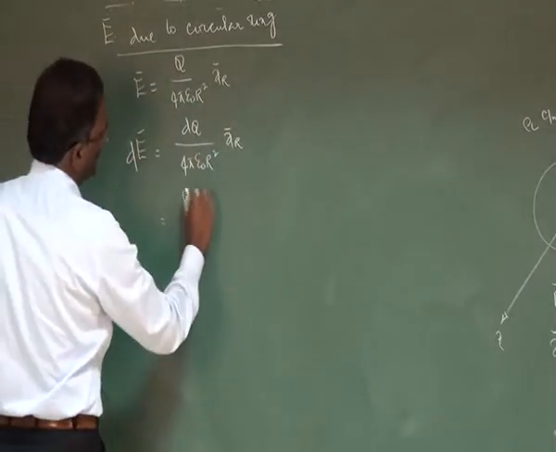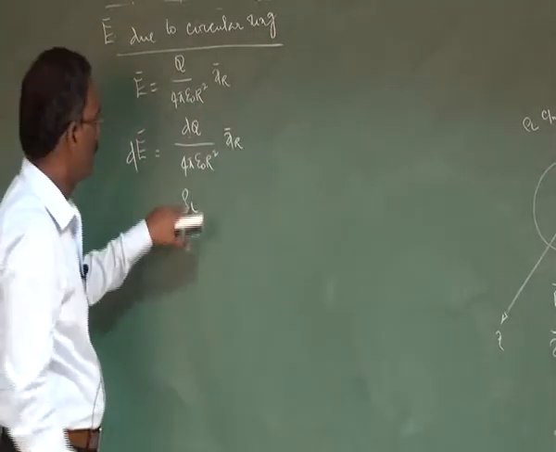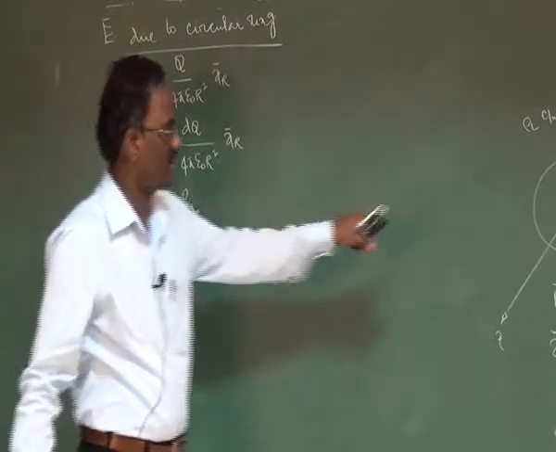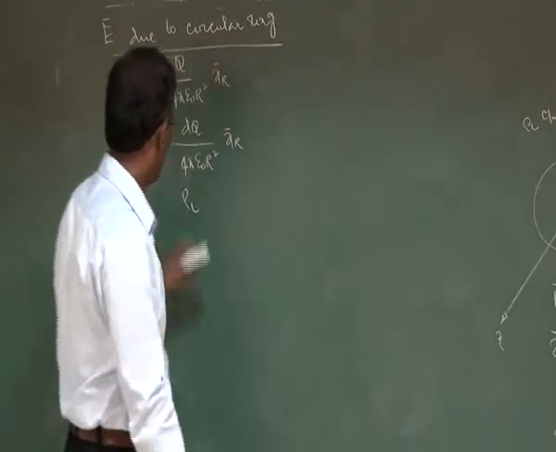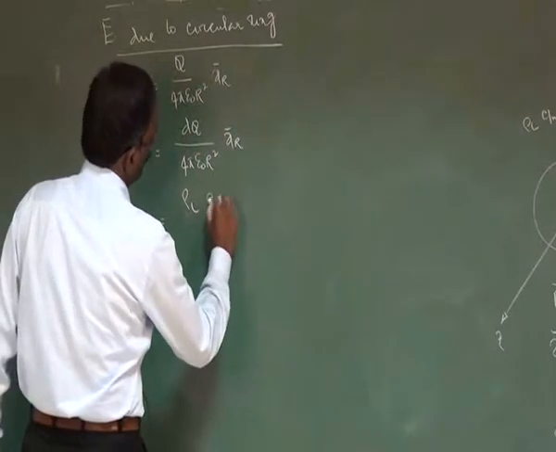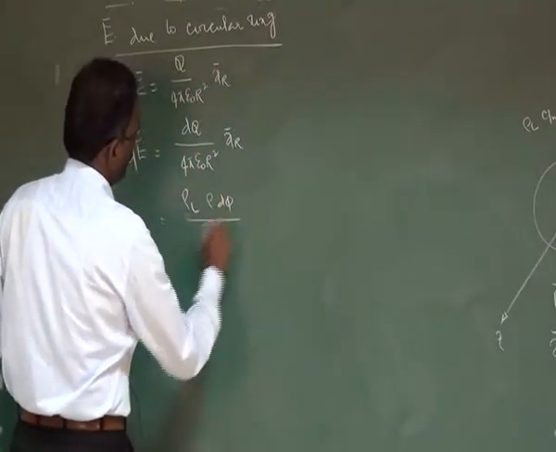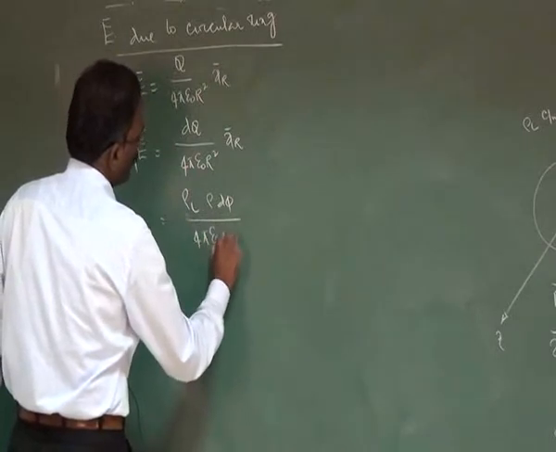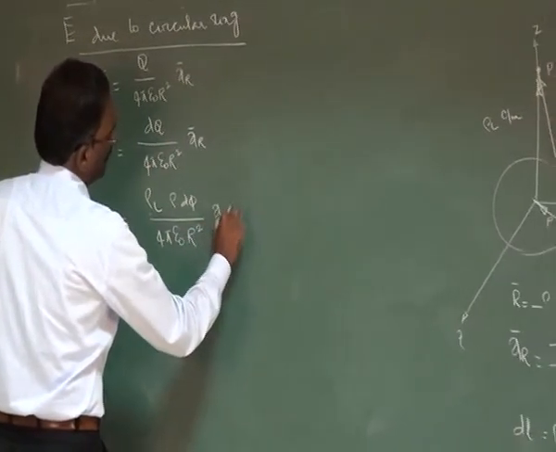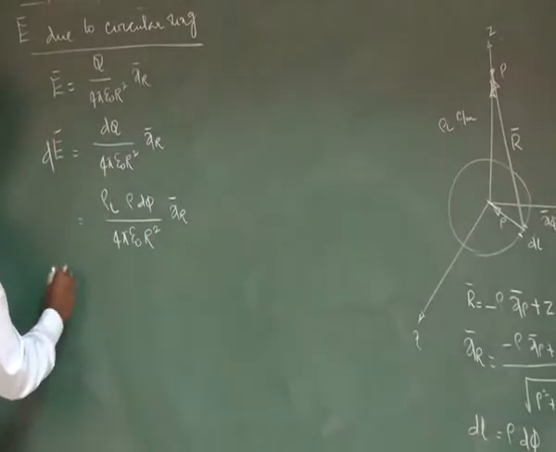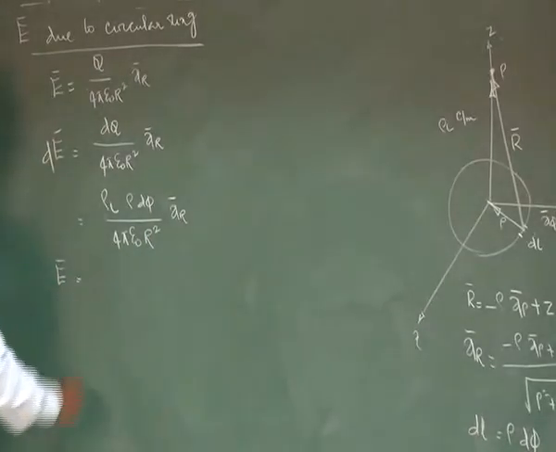This dq will be written as rho L, since it is coulomb per meter we are having, line charge density, dl, rho d phi. dl is made as rho d phi divided by 4 pi epsilon O r square a_r bar. Okay. From here I will calculate what is E bar.